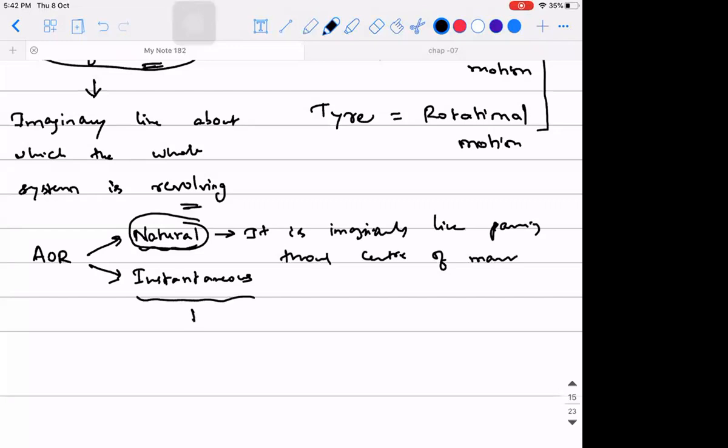Instantaneous will be defined at any point other than the center of mass. So if you rotate the pen about any axis other than the center of mass, then you're rotating about its instantaneous axis of rotation. About this we will discuss when we go into the other concepts.